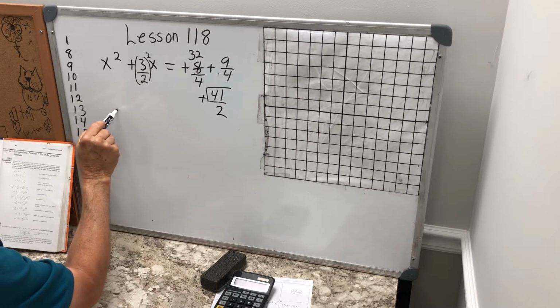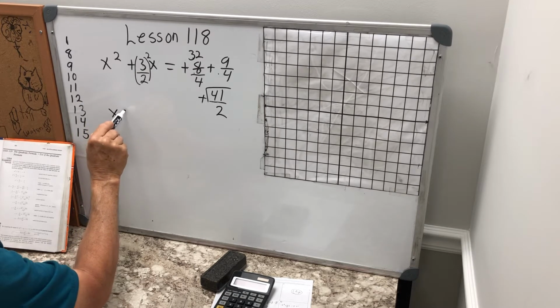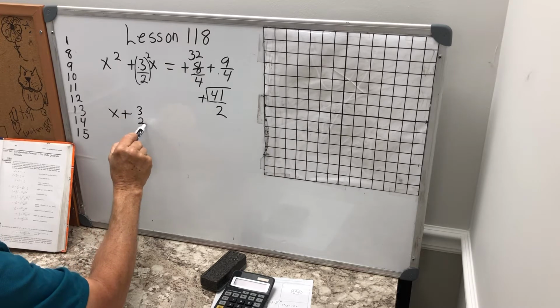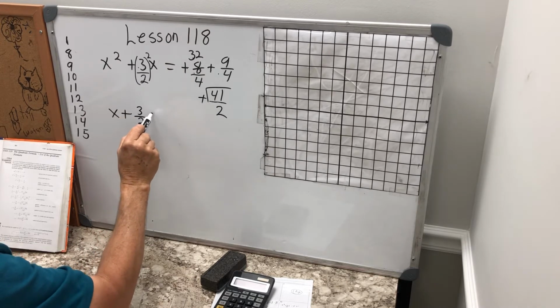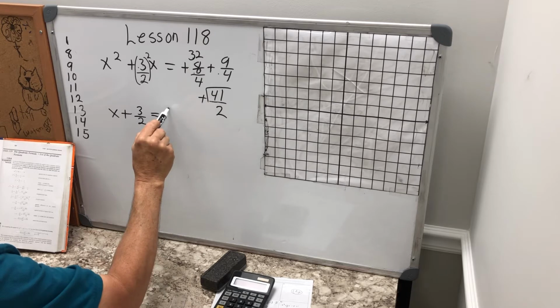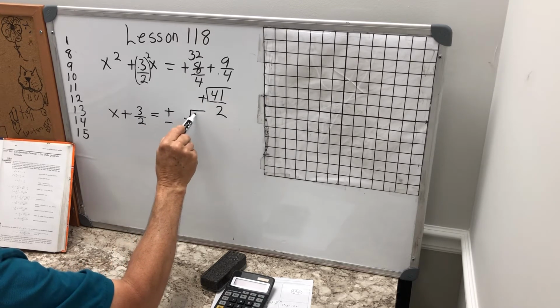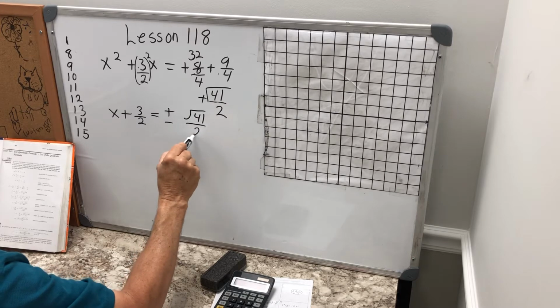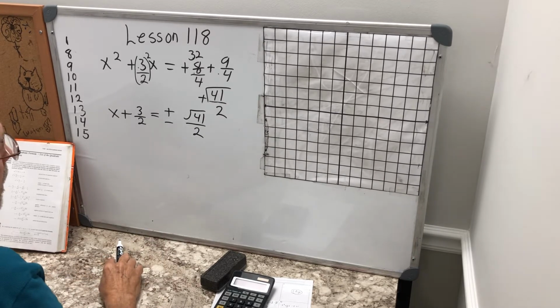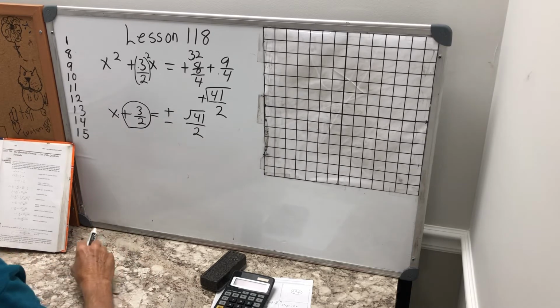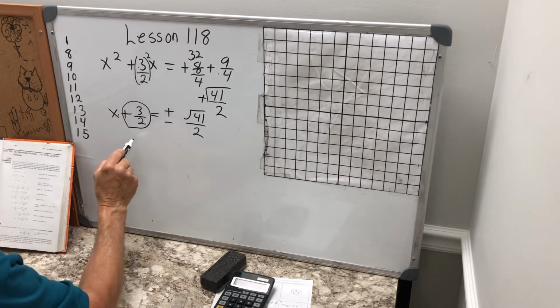All right, the next step is to come over here, and we will simply take the x squared. We just write, if you remember, we did an x plus this number right here, 3 over 2 equals plus or minus the square root of 41 over 2. Still with me? Final step. X still has this number with it, so we're going to move that to the other side.